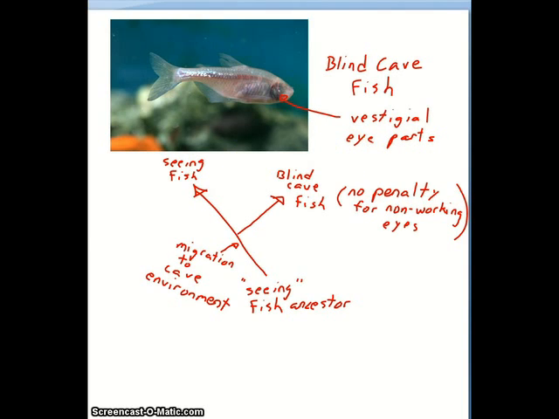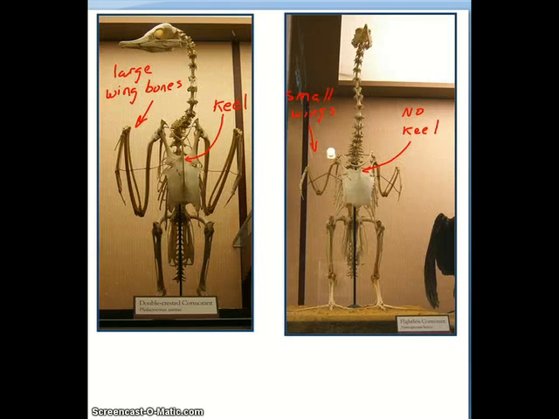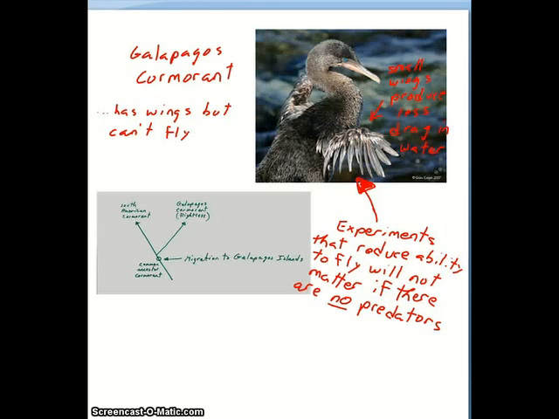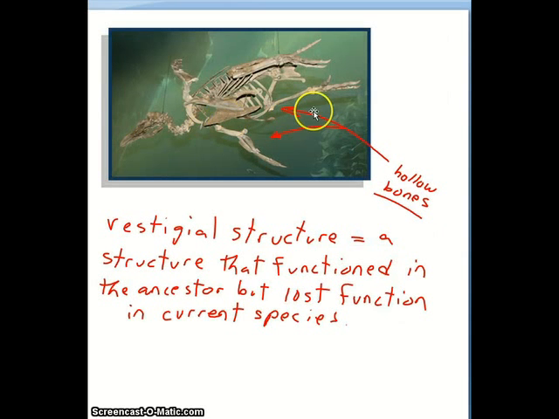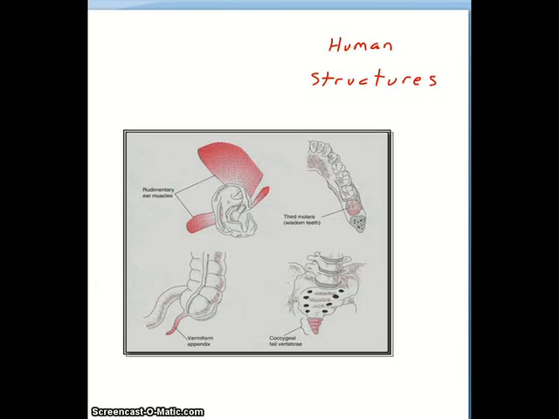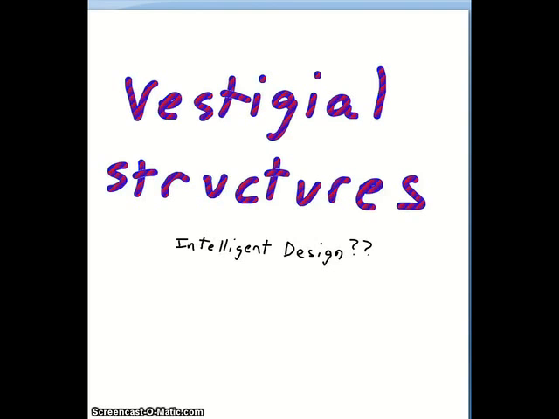So we have the case of the blind cavefish, we have the case of the cormorants, we have the penguins with the hollow bones, we have humans with a variety of structures. All we call vestigial structures. They had function in the ancestral species, but that function was lost in the current species.